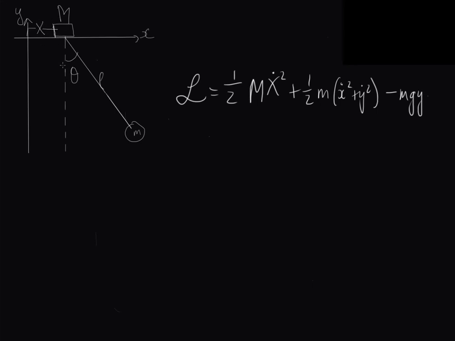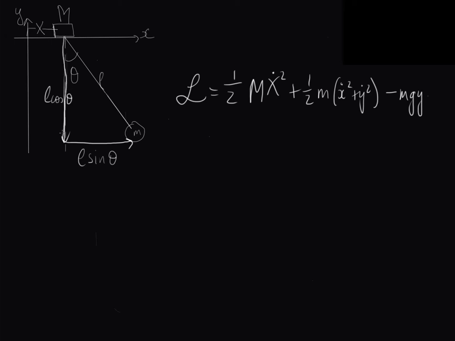So if we have a look at this triangle here, I'll just finish off drawing that properly. This will be L times the sine of theta, and this will be L times the cosine of theta.